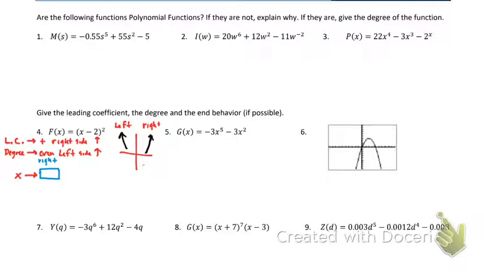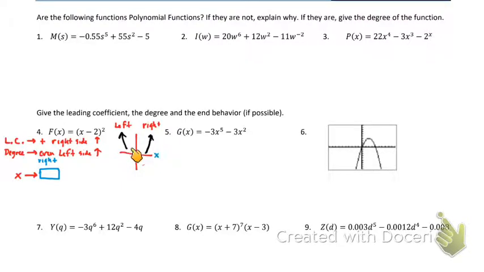So if you look at my graph, we're talking about the x-axis. When we go to the right, when we go in this direction, my graph is going in this direction. So we're not talking about up and down right now. We're talking about left and right. My graph is going this way.